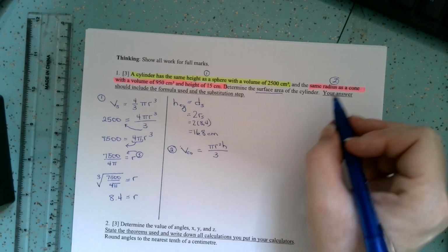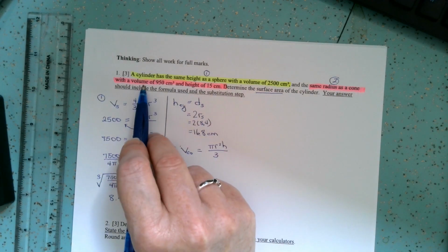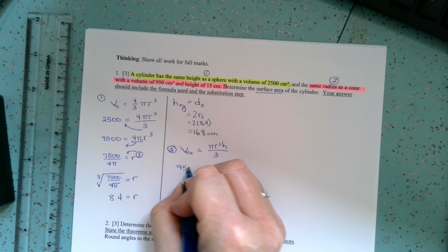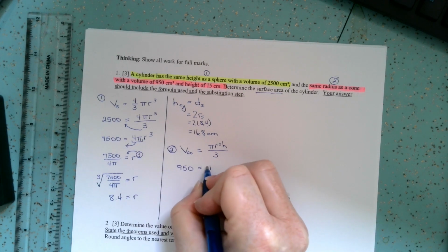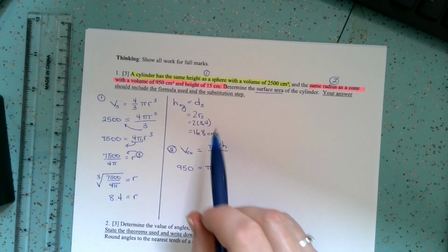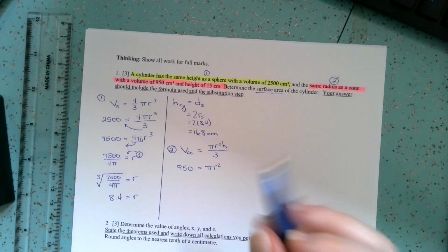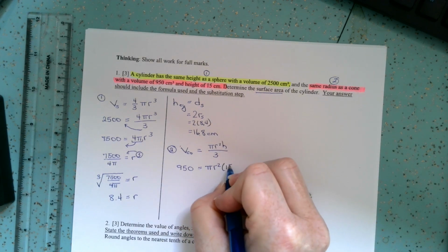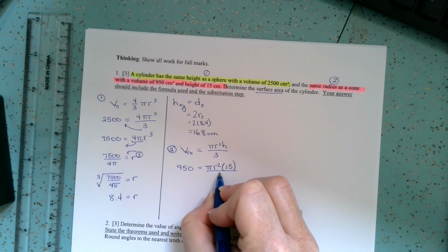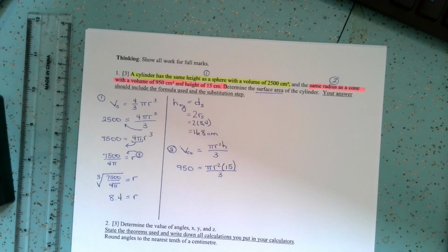In this case, I know that the volume is 950, so I can replace that. It's equal to pi times the radius squared times h, and I know that my height is 15 centimeters, so I can replace that, and then that is all going to be over 3.